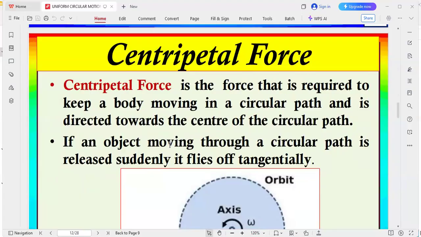One is mv squared over R. The other form is m omega squared R.